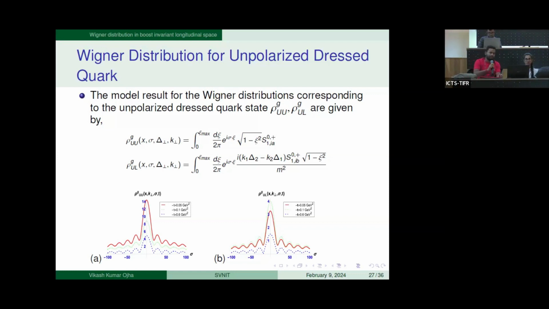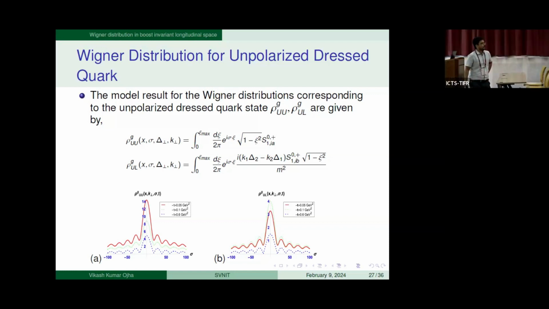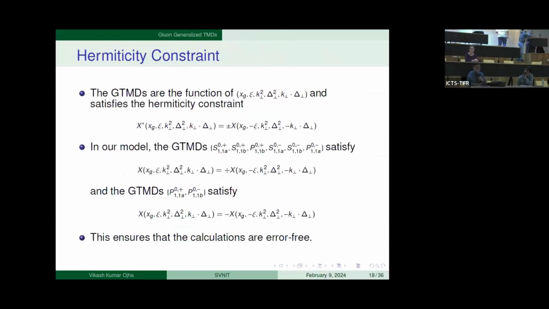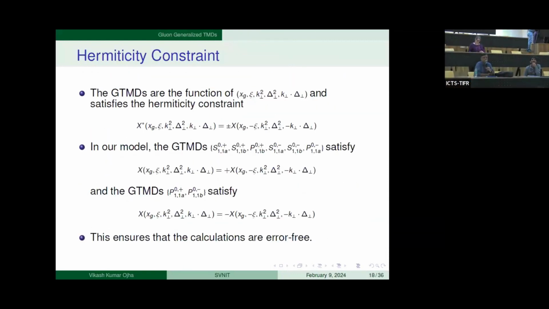Okay, thank you. So you said that these GTMDs satisfy some condition that if you replace xi by minus xi, it becomes either plus or minus. Which one will be plus and which one will be minus?